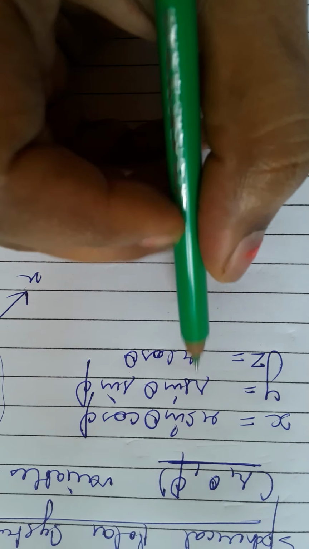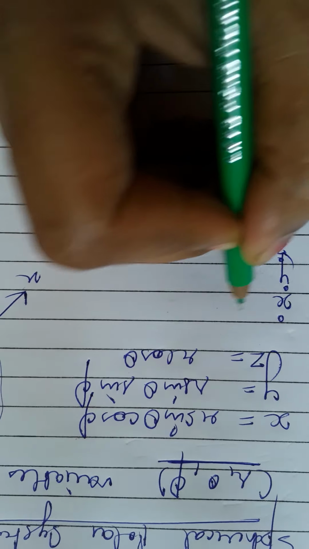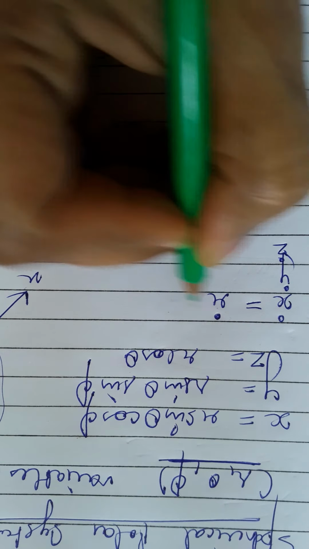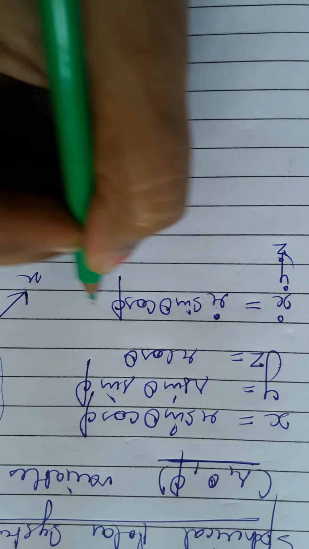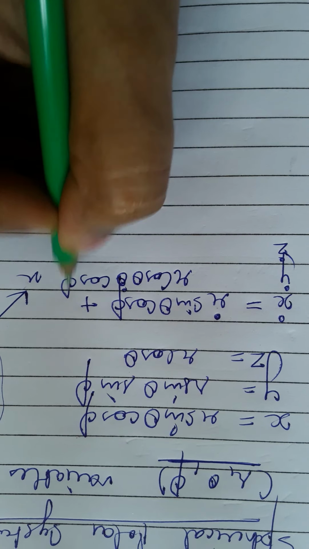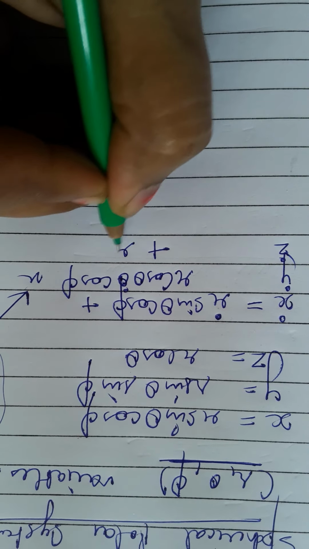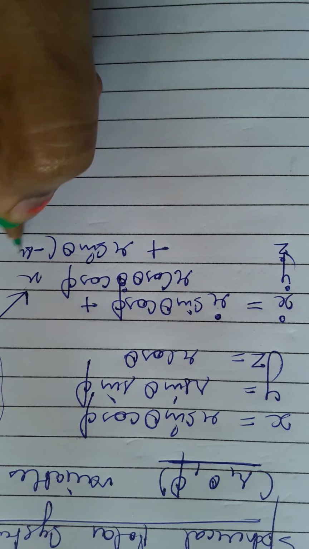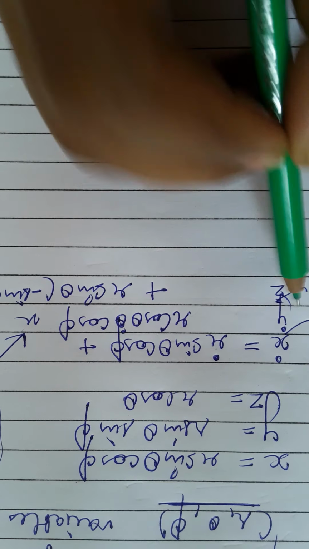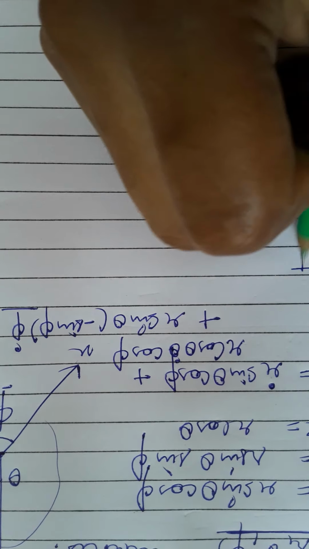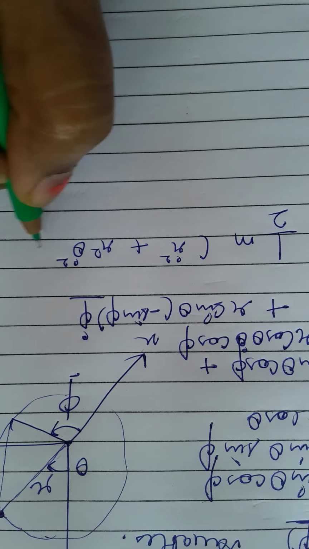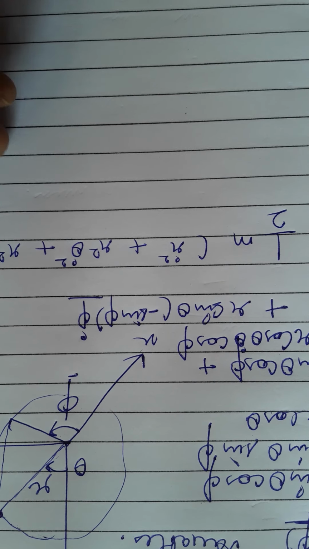In a similar way, here you will have x dot, y dot, z dot, in the similar manner I have shown you for cylindrical: keeping r variable, sin theta cos phi constant, then r same, cos theta, theta dot, cos phi, and then r as it is, sin theta, minus sin phi, phi dot. In a similar way you will find y dot, z dot also, and squaring all and adding to find the kinetic energy, you will get the result: half m times r dot square plus r square theta dot square plus r square sin square theta phi dot square.